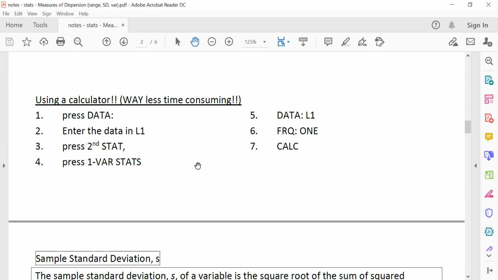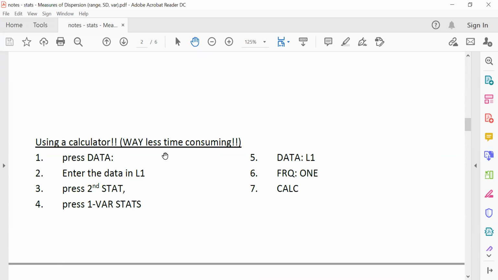You know how you do it? You put the data values into the calculator. And then you just tell it, okay, compute the standard deviation for me. So it just depends on the type of calculator you have.